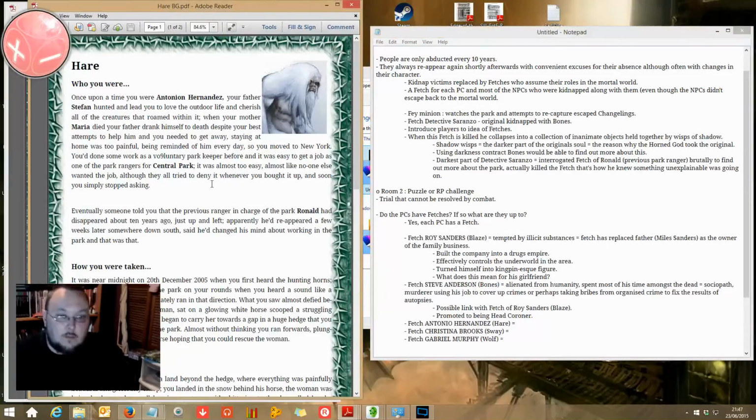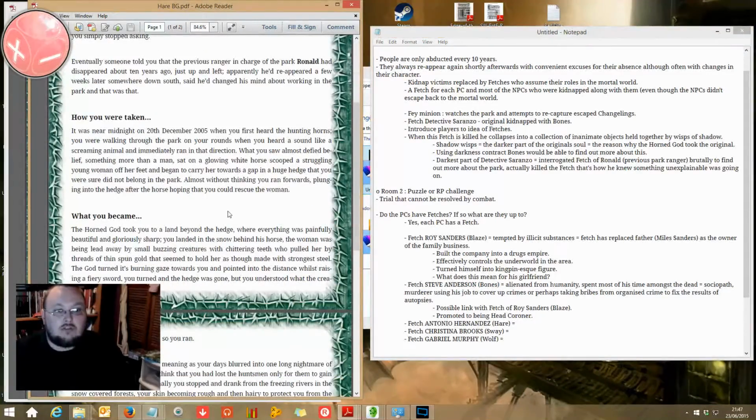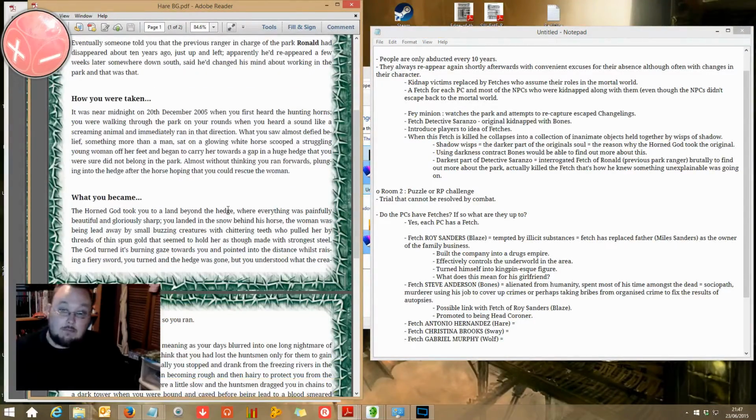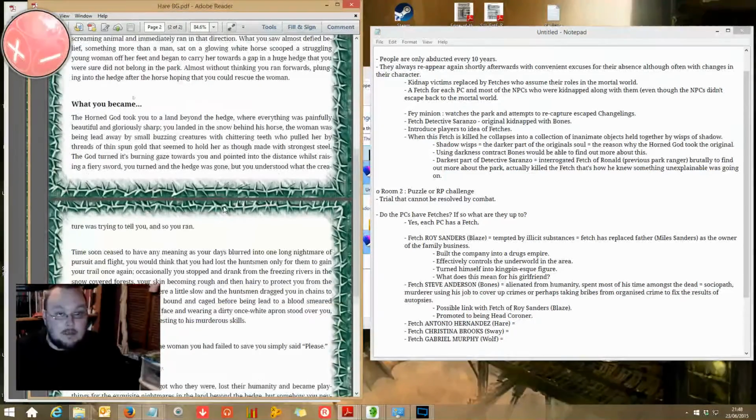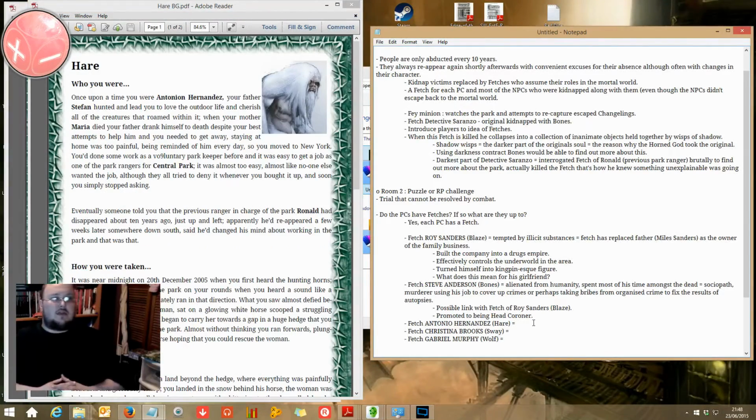So let's see what we've got here. More the darker part of Hare, or Antonio Hernandez as he was known to be. Now I think, although we don't have much in terms of the actual darkness of him personally, it's easy to see that he came from a sort of alcoholic and abusive background, his own father having drunk himself to death after his mother Maria died.